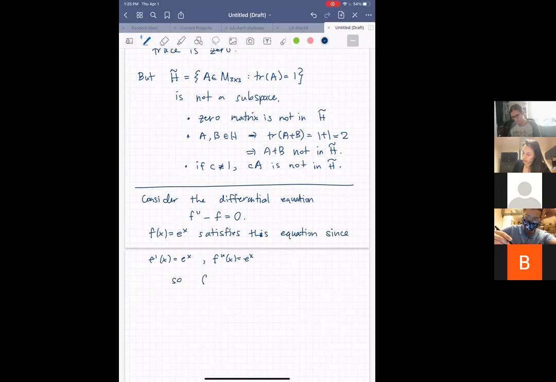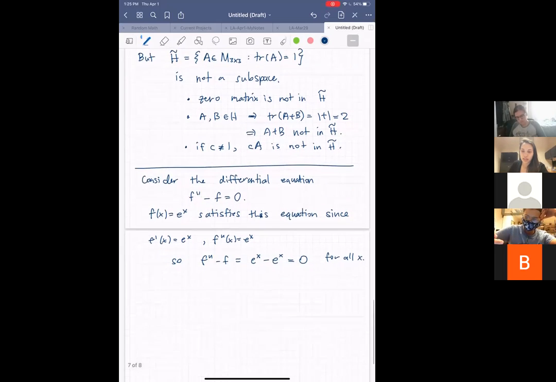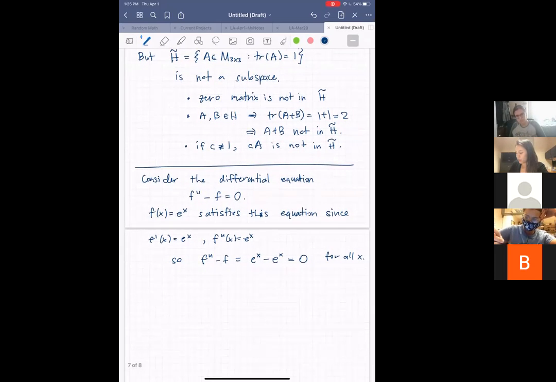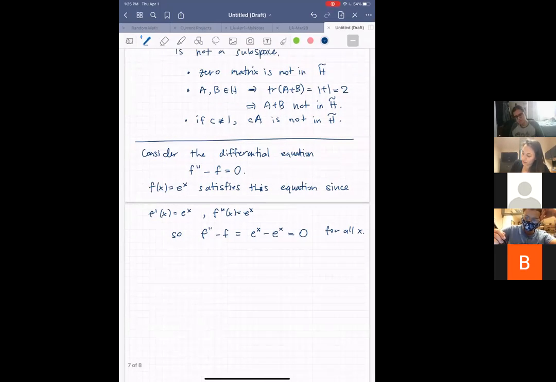So f double prime minus f is e to the x minus e to the x, which is 0 for all x. It's important that this is satisfied for every value of x, right? What about e to the negative x? Would that also be a solution? Yes, e to the negative x is also a solution.